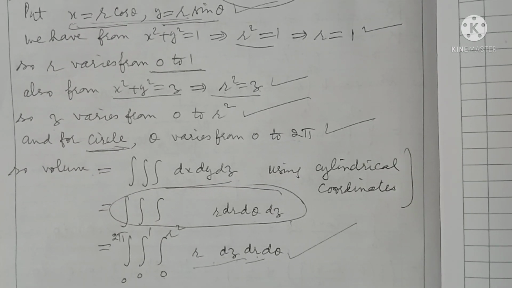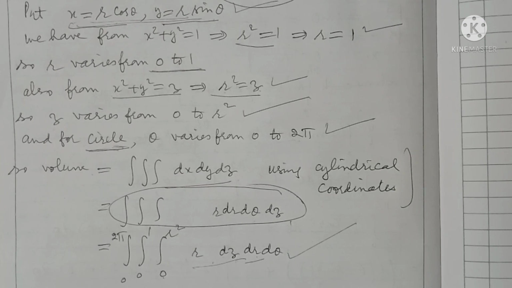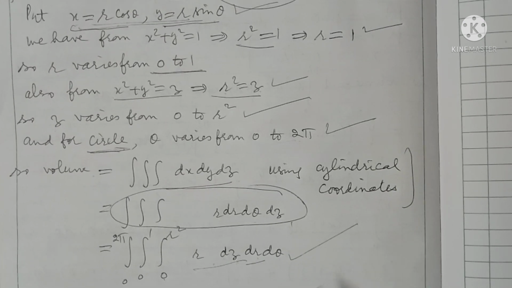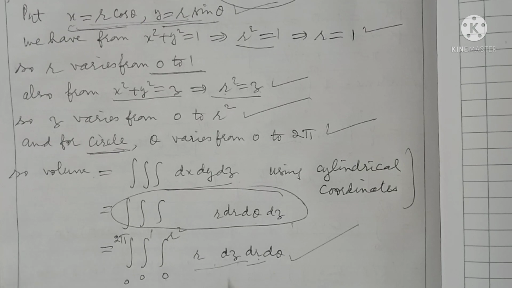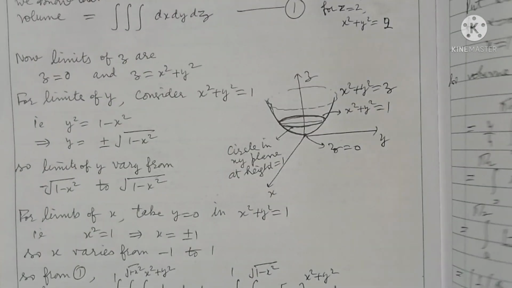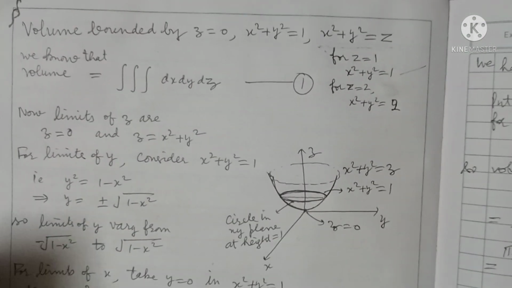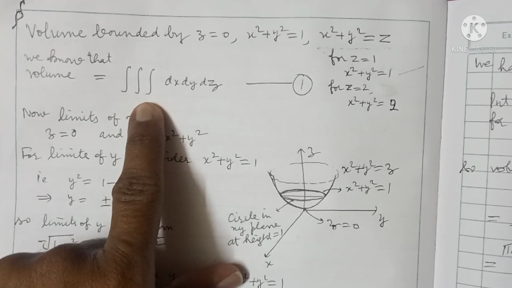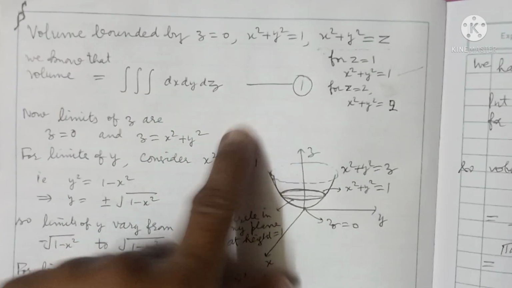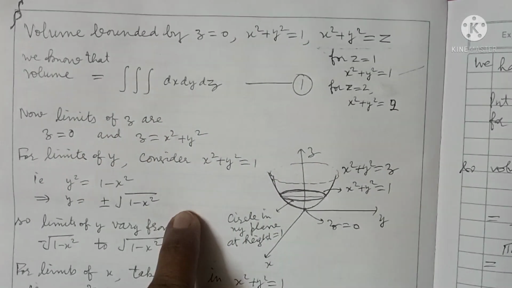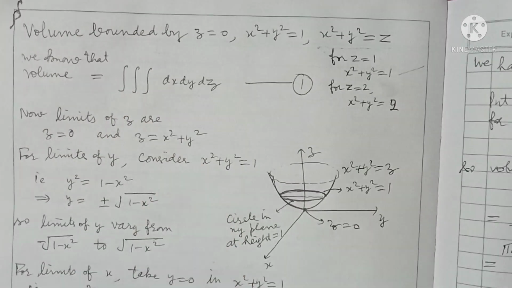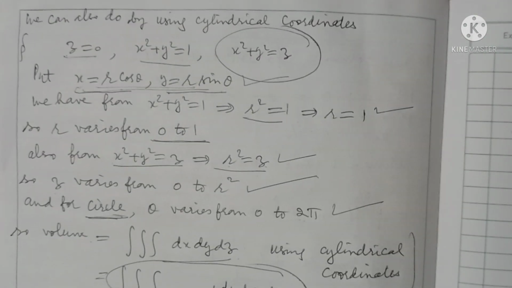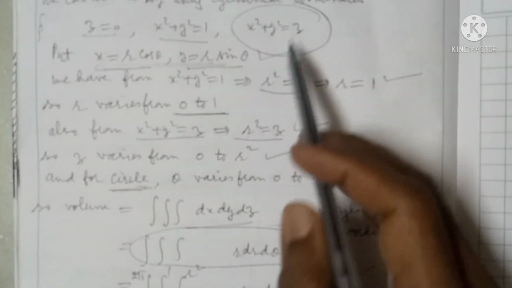So we see that in both the methods we use different methods. First we used this result, triple integral dx dy dz, and found the limits of x, y, z, then solved this integral. And in the second method we used cylindrical coordinate system, right?